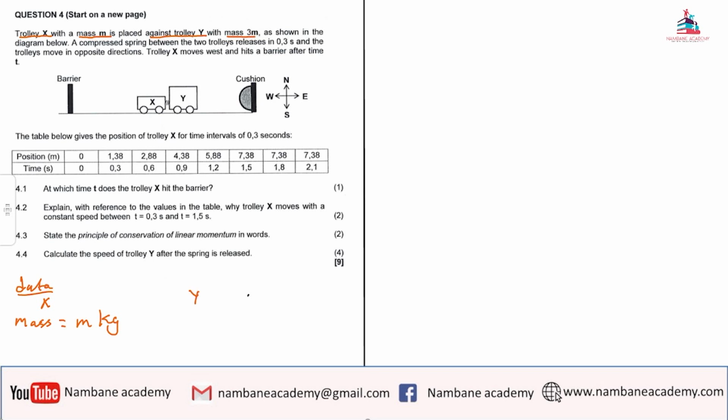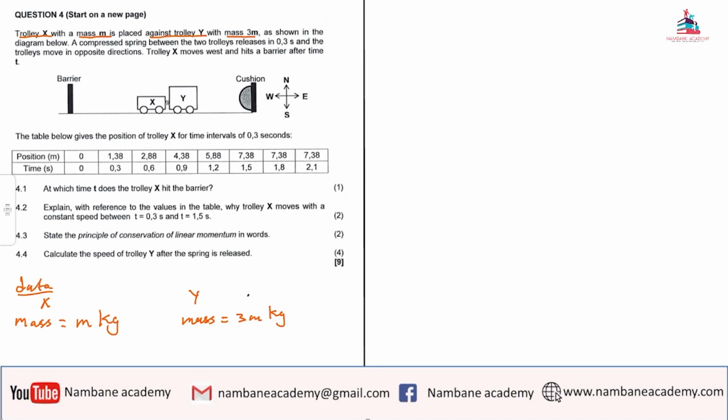Then you have Y with mass 3m kg. They are not giving us any values relating to this information, but we just know that the mass of Y is 3 times the mass of X. Now, can we get the data initially?